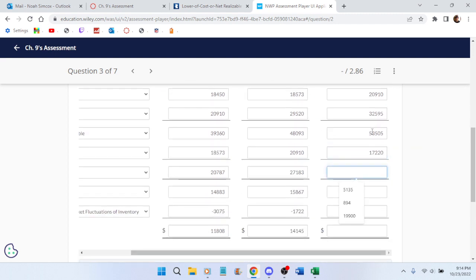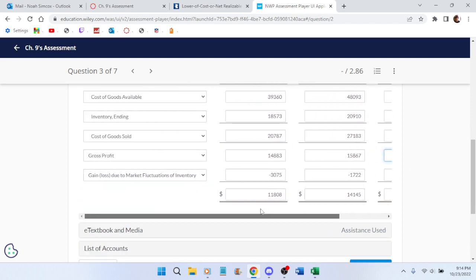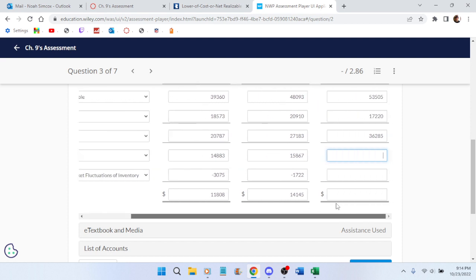So then you subtract this minus this equals this. 53,505 minus 17,220 is 36,285, cost of goods sold.